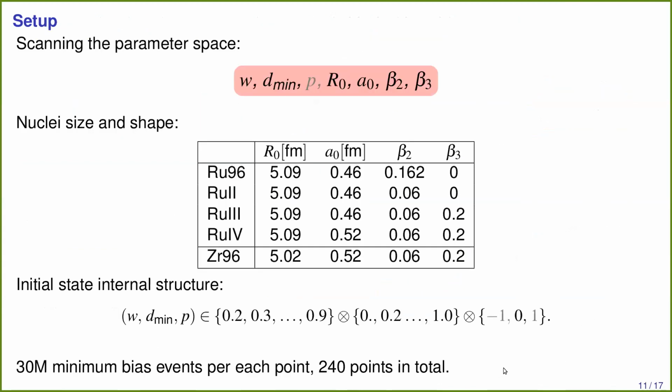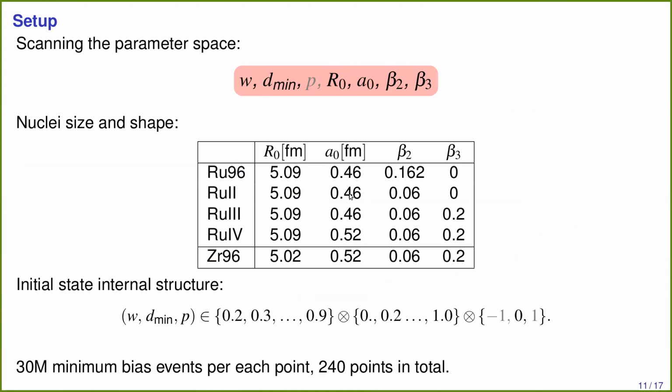Okay, so with that, we go to scanning the parameters. As I said, it's not like a Bayesian analysis with sophisticated distribution of points in the parameter space, generating events and connecting them. I just choose my parameter space, which is here the WD mean, R0, and these parameters.